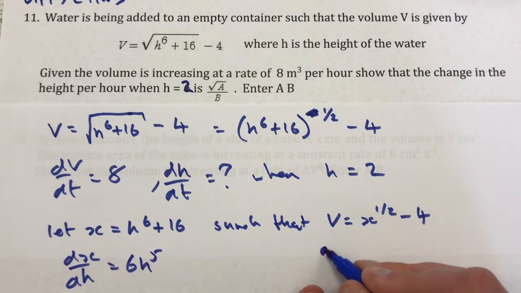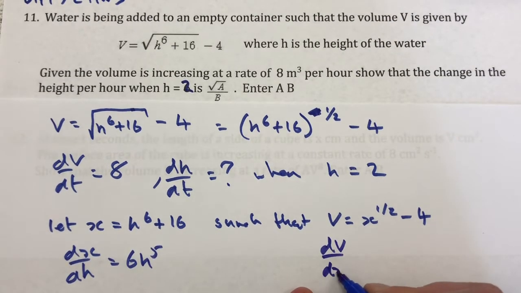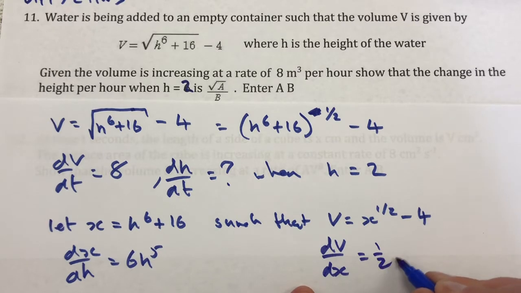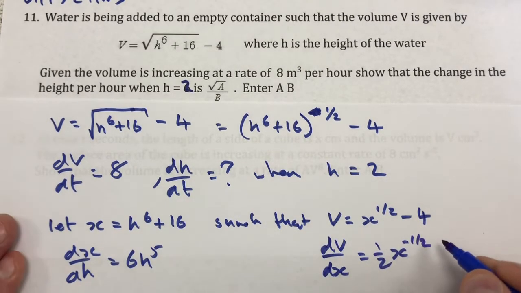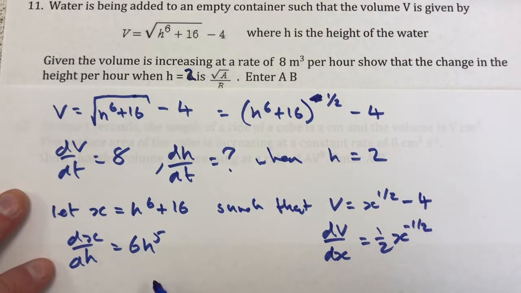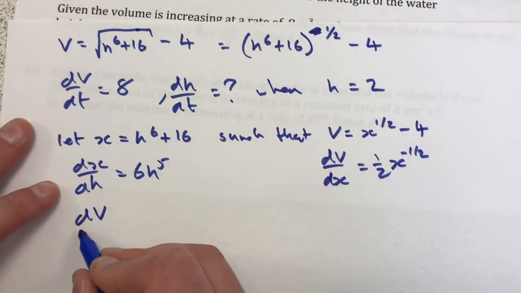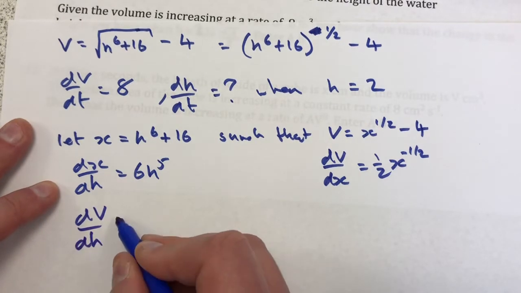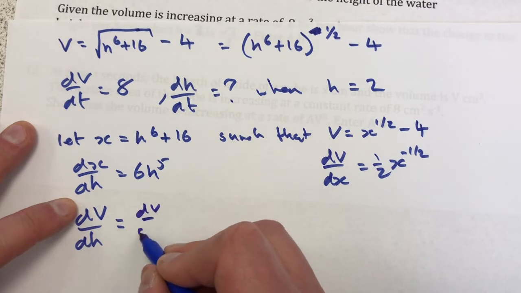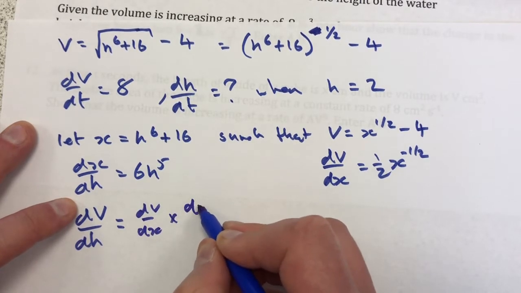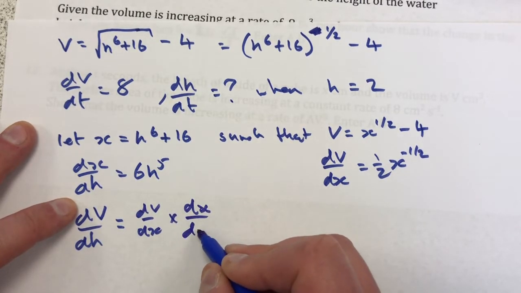We can differentiate V with respect to x to give us a half x to the minus a half. We can then multiply these two together to get dV/dh, which is one of the things that we need, and that would be dV/dx times dx/dh.